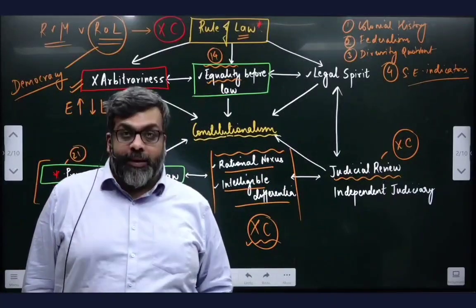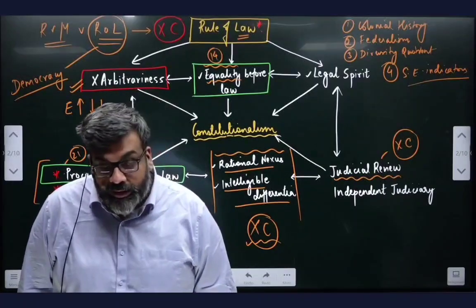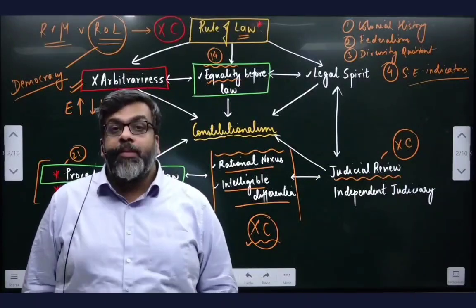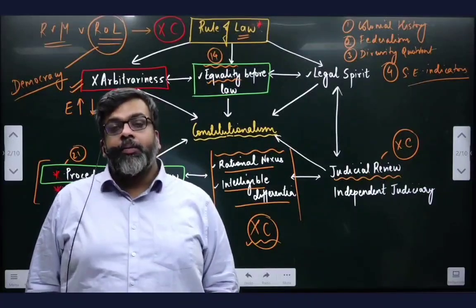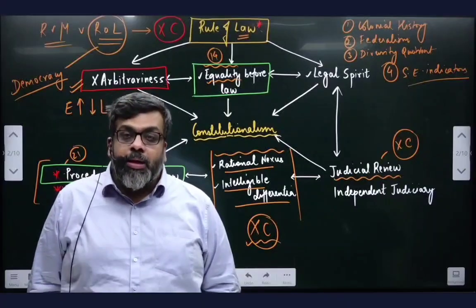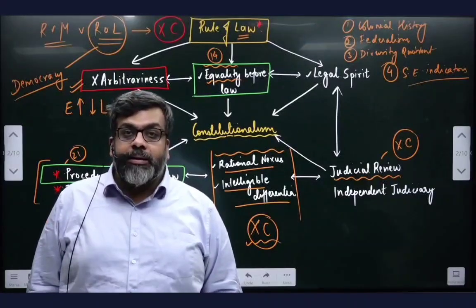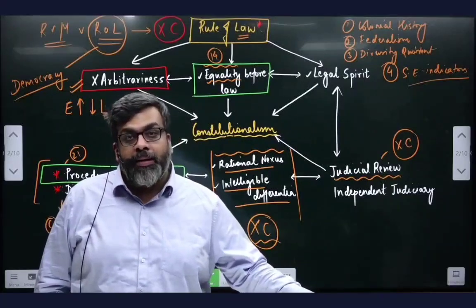It is derived from various articles. It is in fact a part of the basic structure. It is extremely important in terms of ensuring checks and balances, which is a natural corollary of separation of powers. But the term judicial review, as the term stands, is nowhere mentioned in any form or manner as far as the Constitution is concerned.